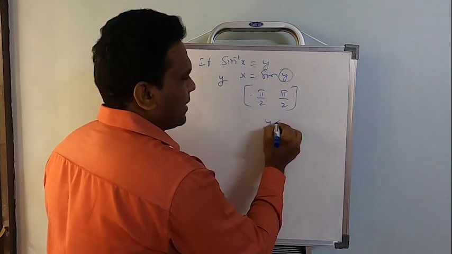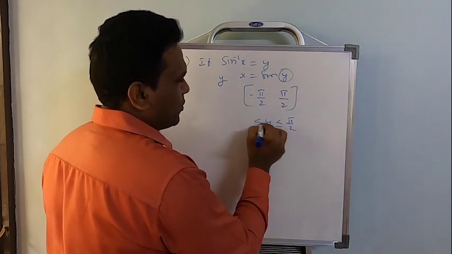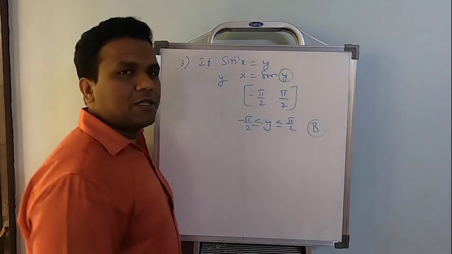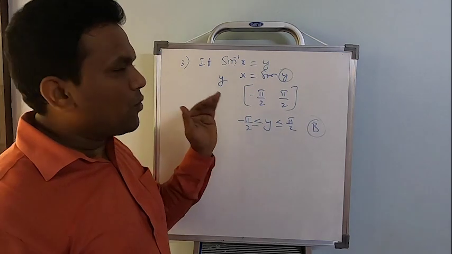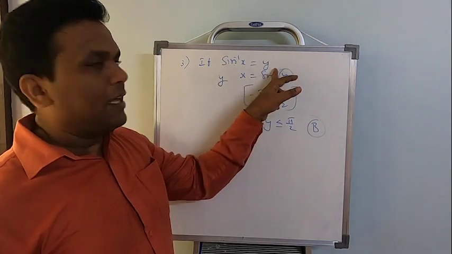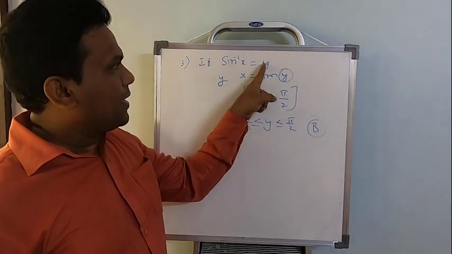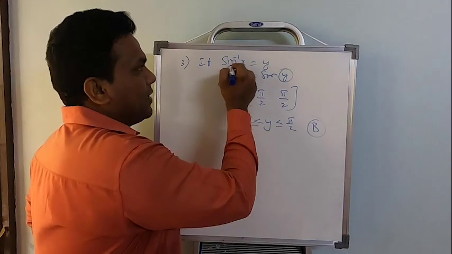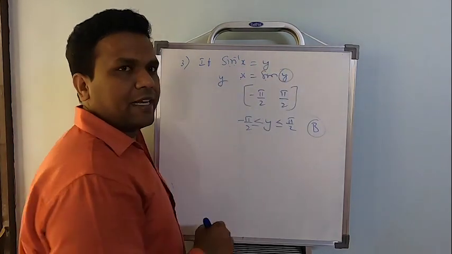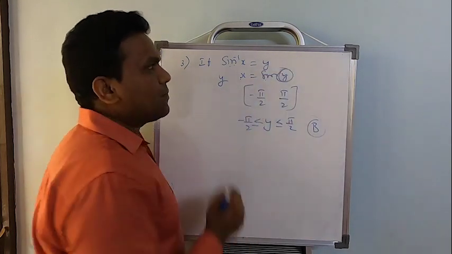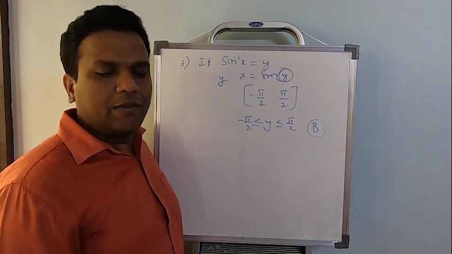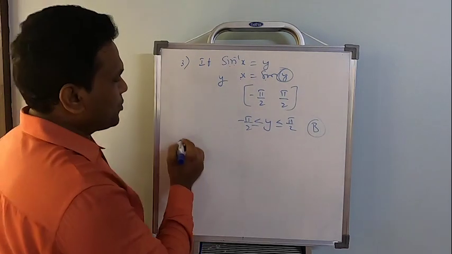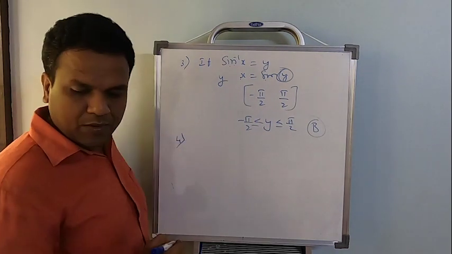Otherwise, y less than or equal to pi by 2 and greater than or equal to minus pi by 2, which is present in option B. In this problem, if you are reading here only, this will be the domain value and this will be the range. This is one way. If not, sin inverse x can also be written as x equals sin y. So now this will become the domain of sine. Anyway, it's going to be the same. It's option B.